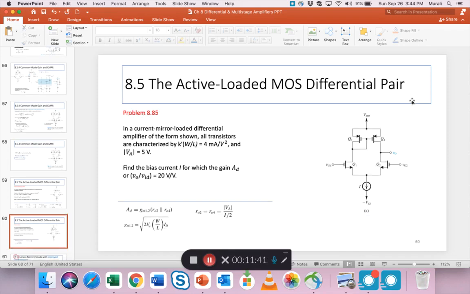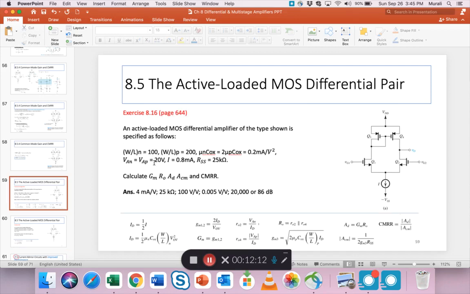Next, we look at problem 8.85 from the back of the chapter. In a current mirror loaded differential amplifier, again same drawing, all transistors are characterized by K prime W by L. So here he has given K prime W by L together as 4. Sometimes they'll give you just K prime separately and W by L separately, like in the previous example.